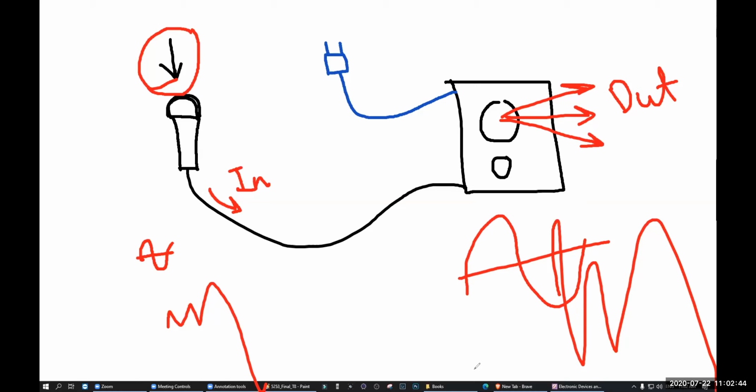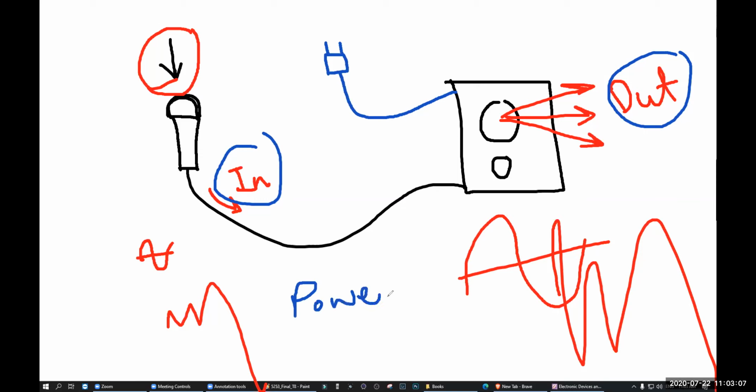So is that input or output? Is the battery input or output? No. Input is this one. Output is this one. Battery is neither. Battery is biasing. Battery is power. You can call it biasing or bias.